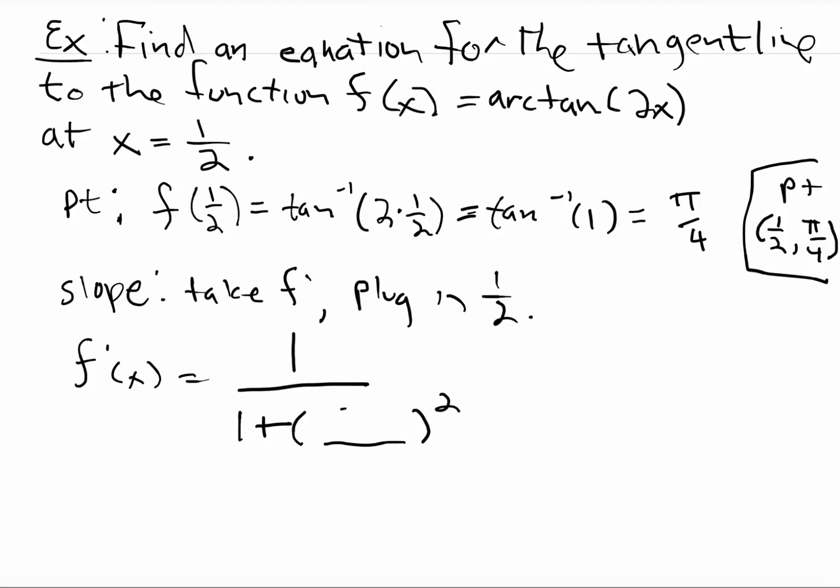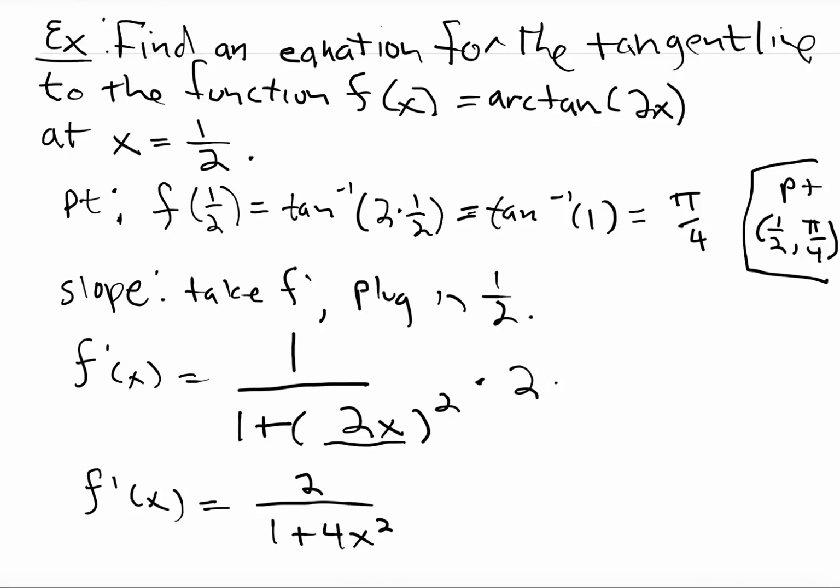I have to fill in my blank with my original inside function, and I also have to tack on the derivative of my inside function. So if I clean that up so that I can actually use it here, I did say whenever I had you guys take a derivative, I would expect you to simplify if you were going to use it for something. This will be 2 over 1 plus 4x squared.